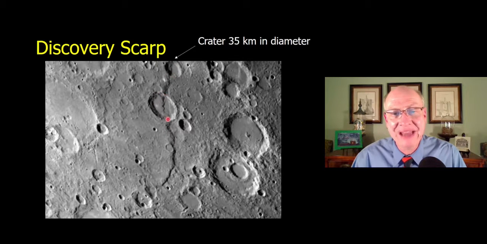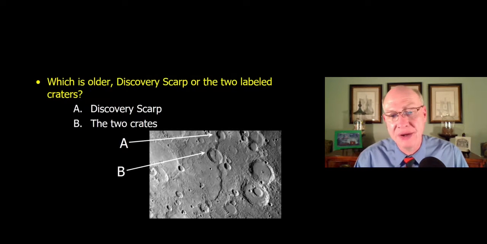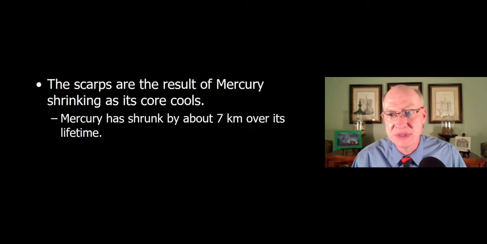When this impact happened and blew this crater on Mercury, it would have erased evidence of the scarp there. When this impact happened, it would have erased evidence of that scarp as well. So it must be that the craters were there first and the scarp happened later. The order was the craters first and the scarp second.